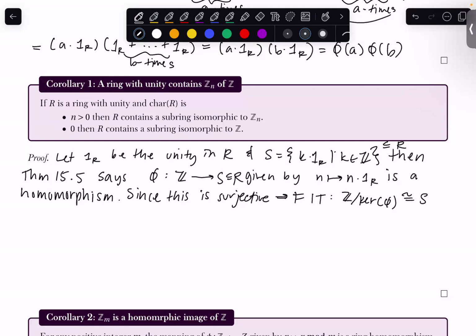If I want to see a copy of Zn inside of the ring R, which is really going to take place for this piece here, I really want an nZ here, because then I'll know this whole piece is Zn, and then I can see it as a copy living inside of my ring here. So this is really a subring of R.